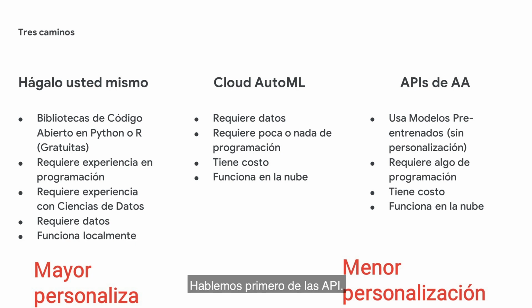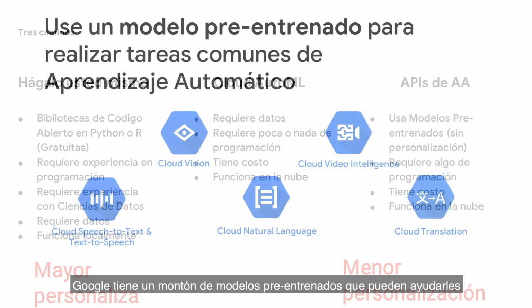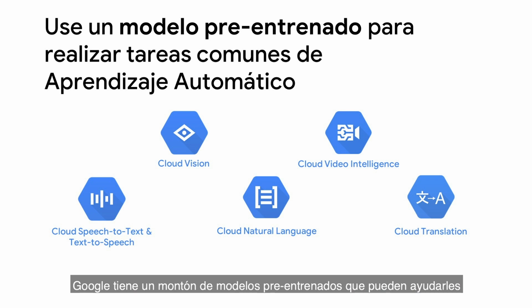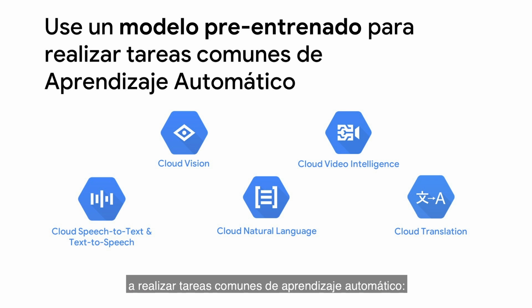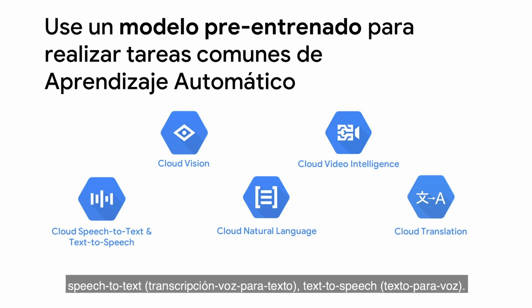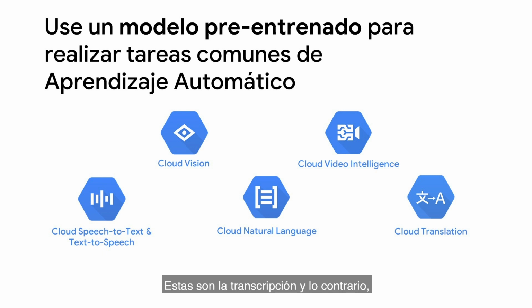So all right, let's talk first about the APIs. Google has a bunch of pre-trained models that can help you accomplish common machine learning tasks. Speech to text, that's transcription, and the other way around, text to speech. There's Cloud Vision.